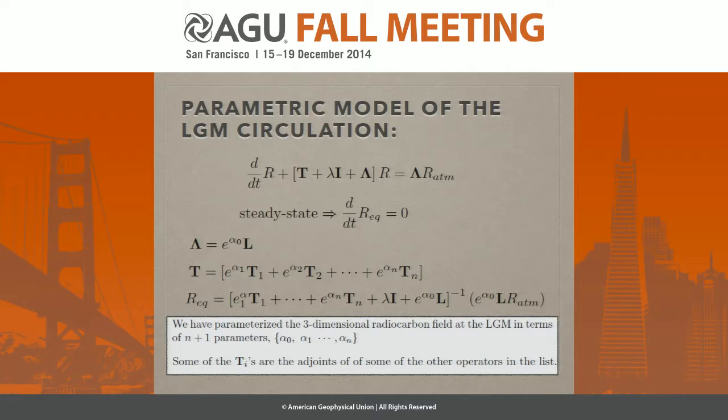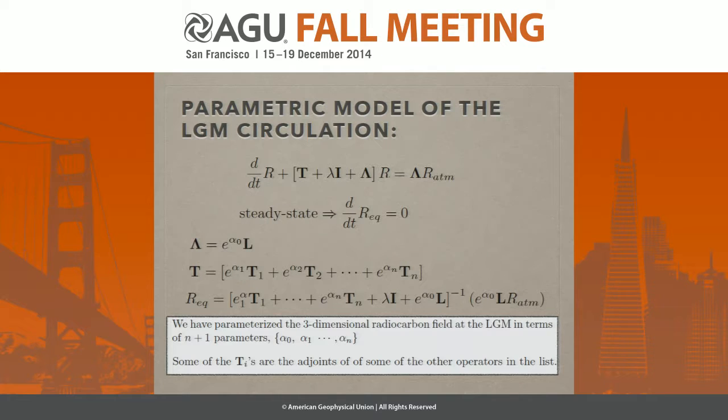All right, so what I've done is taken this equation for the advection diffusion of radiocarbon, and I've broken up the transport into a superposition of tracer transport operators. How did I get these?